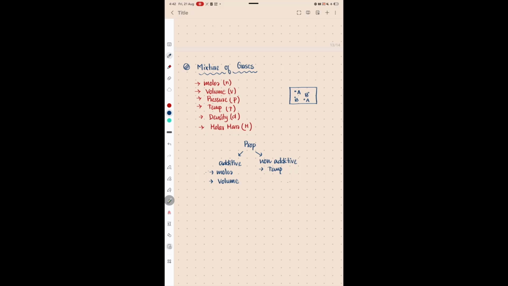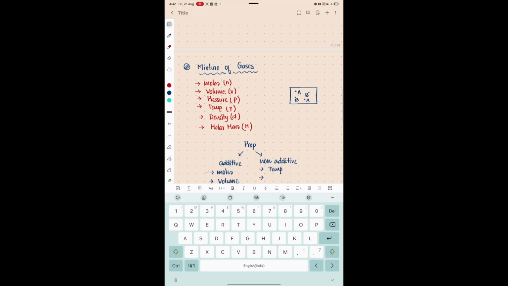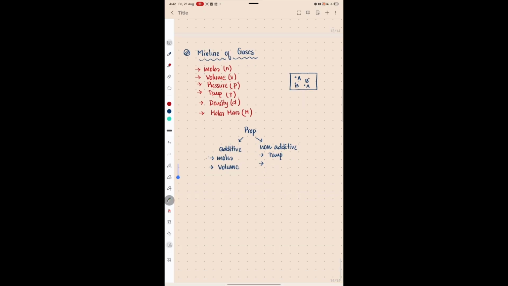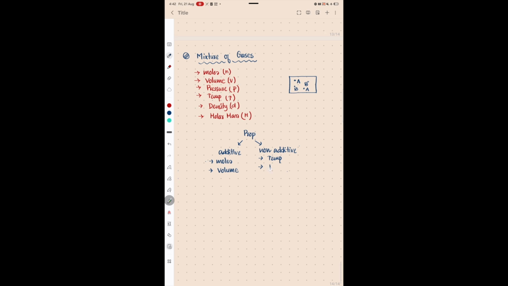If you mix gas A and B, and gas A is at temperature T1, gas B at temperature T2, you cannot say that the final state will have a temperature of T1 plus T2. We can't. Then pressure is also a non-additive property. Then density, then molar mass. So these are non-additive properties.